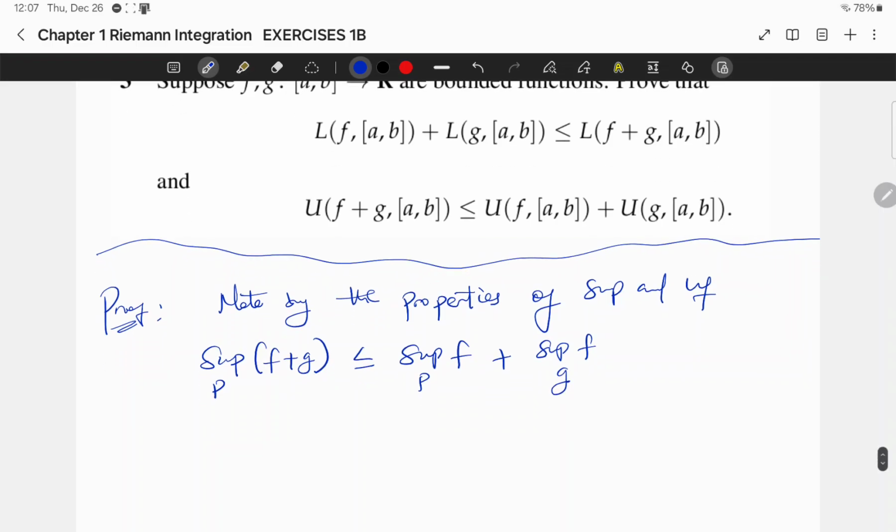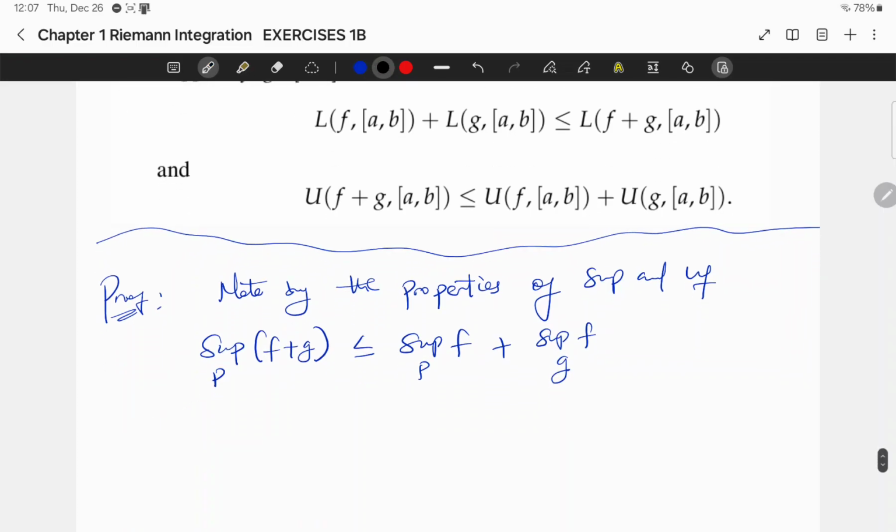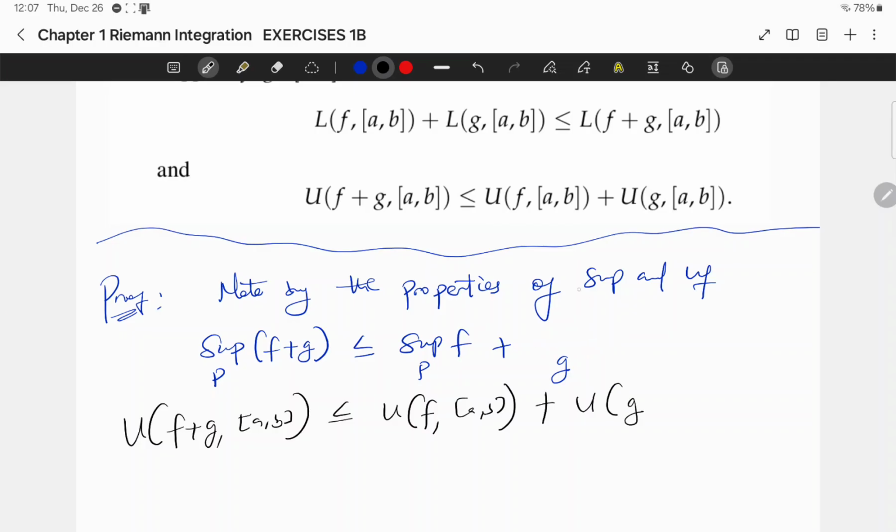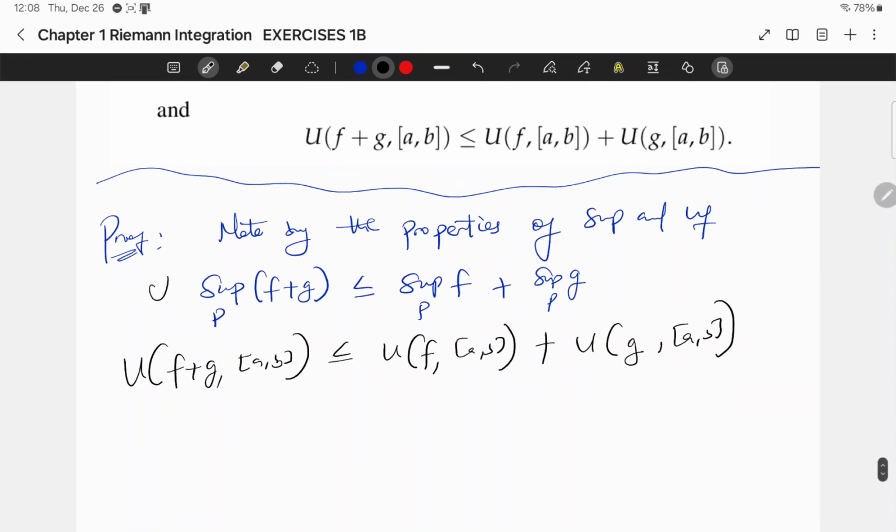If this holds, then you are done: U(f plus g, a, b) will be less than or equal to U(f, a, b) plus U(g, a, b). You can also prove this further by showing the upper Riemann sum and making it more explicit, but this is just the key.